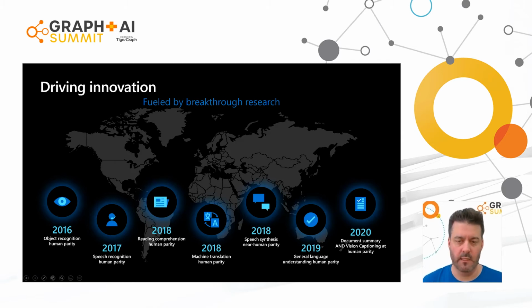Then in 2018, we reached human parity with machine translation, which definitely also was a very good breakthrough. We're also very good at speech synthesis, and I will show you an example later. And one of the latest breakthroughs is around summarizing documents, and also vision captioning. This can describe what you can see on the image, but it's a bit more powerful than what we had achieved in 2016.